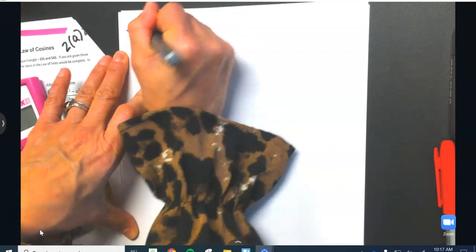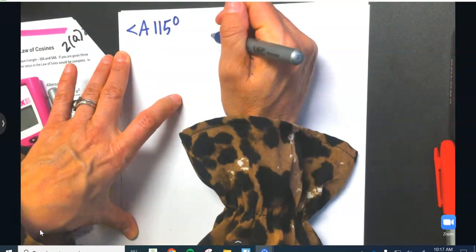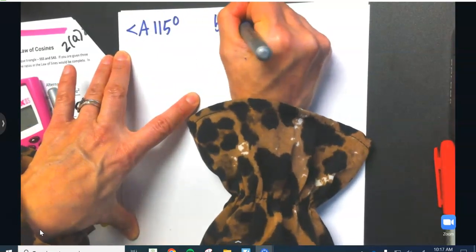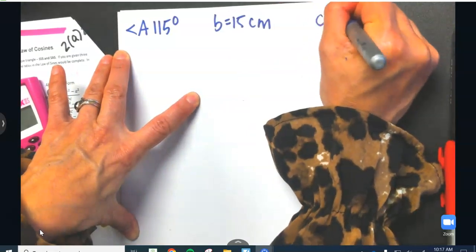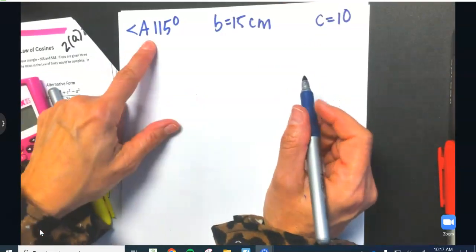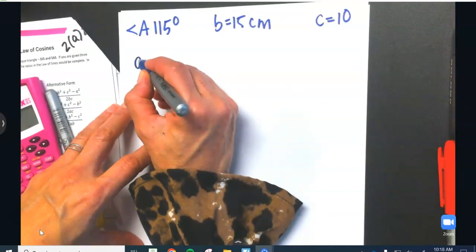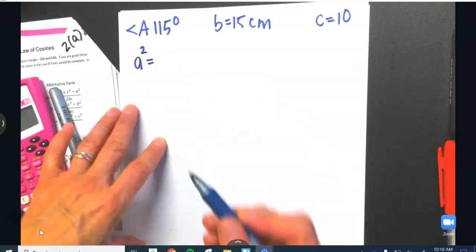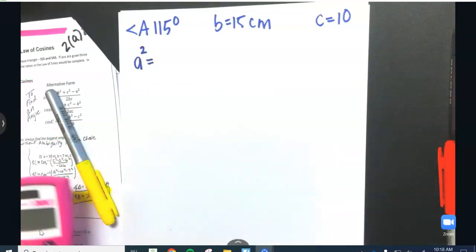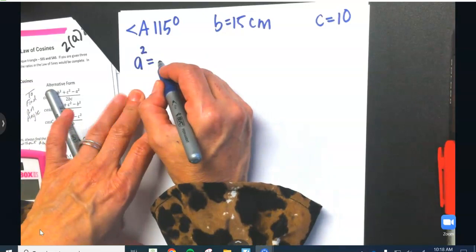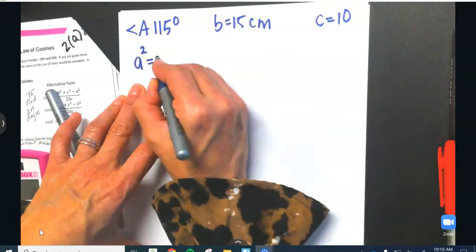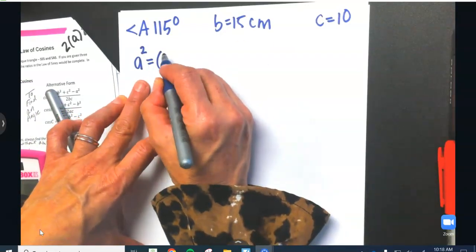So again, angle A was 115 degrees, B was 15 centimeters, and C was 10 centimeters. Now remember we talked about how I needed side A.